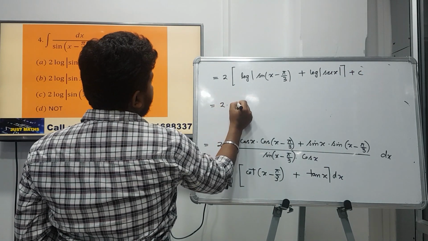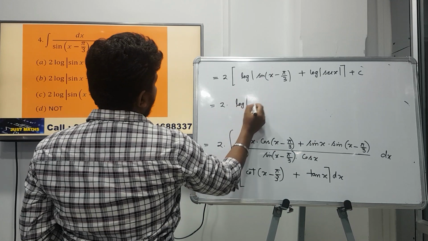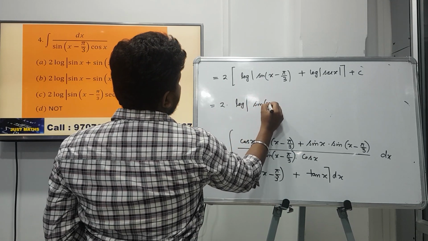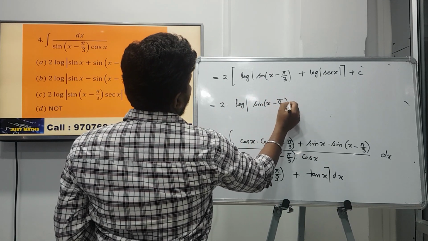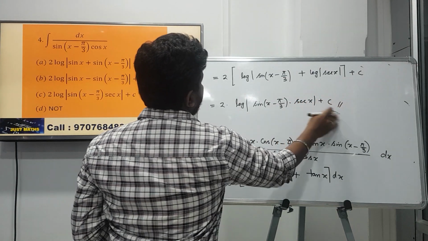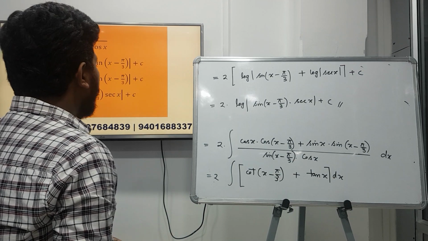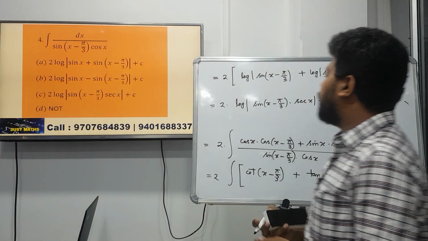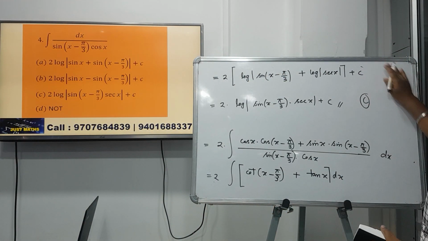Hence, your answer is twice log of sin of x minus pi by 3 multiplied by sec x, plus c. This is your number 4. Option C is correct.